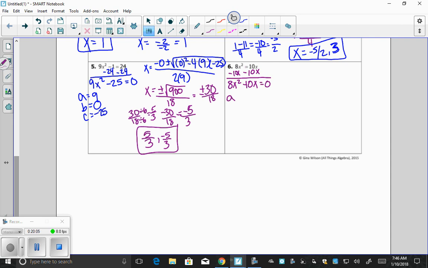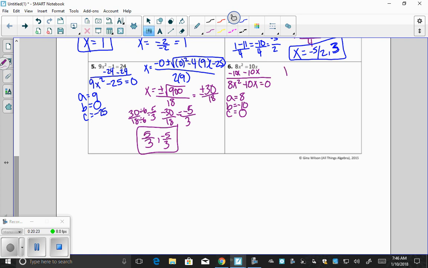Label A, B, C, and I get A is equal to 8, B is negative 10, and I don't have a C on this one, so on this example, C is 0.